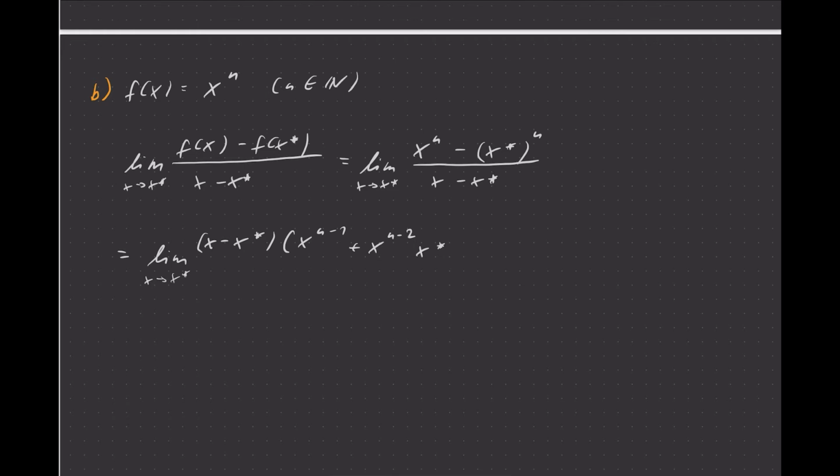And we continue in the same way until we arrive at the expression x times x star to the n minus 2. And then the last expression that we get is x star to the power of n minus 1. And if we multiply this here, right, x star to the n minus 1 by x, we get x times x star to the power of n minus 1.